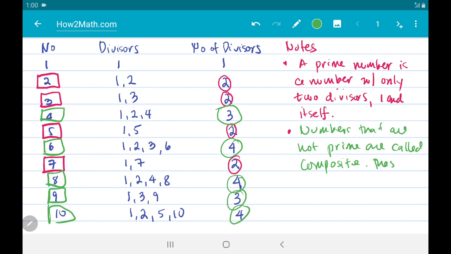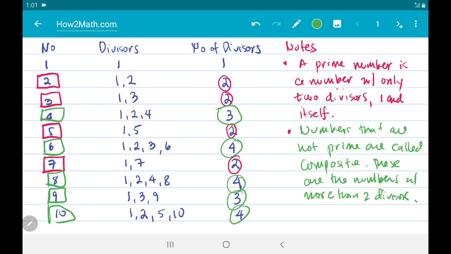These are the numbers with more than 2 divisors. So what about 1? 1 has only 1 divisor, and of course it's less than 2 divisors.